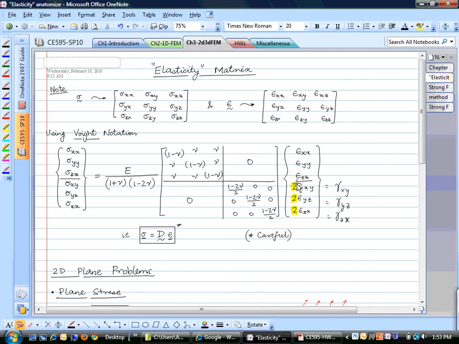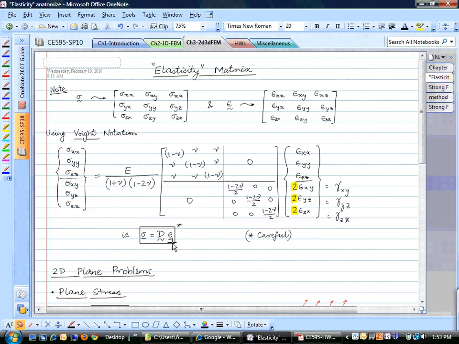That's why this gets doubled, and you lose the 3 equations for this stress, and ultimately you end up with a symmetric matrix. So this is just a different sort of notation, and all we are saying is that this stress vector is a function, using the D elasticity matrix, of the strain vector.